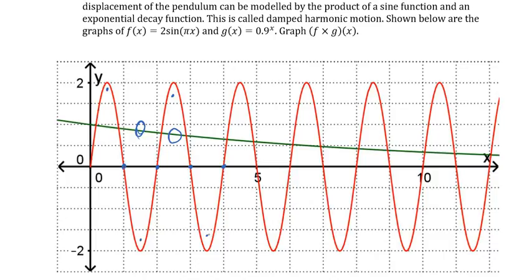Let's see if we can find another point. Here's a good one. Right about there, it looks like we're at a half. So 2 times a half is 1. So at that point, we should be at 1. And then we'll be below 1 here.